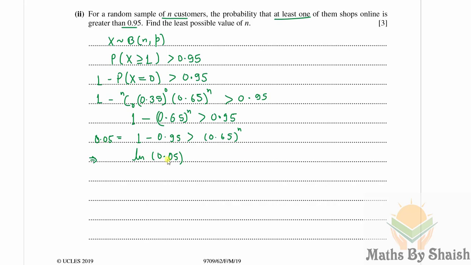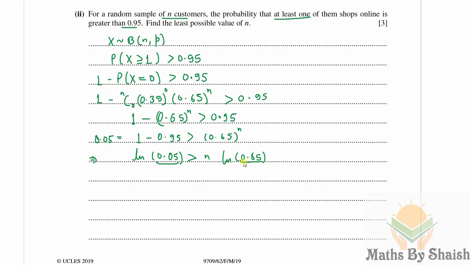It is ln 0.05, then we know it is going to be n times ln of 0.65, natural log. Since we are going to find the log of a value which is less than 1, it would be less than 0.